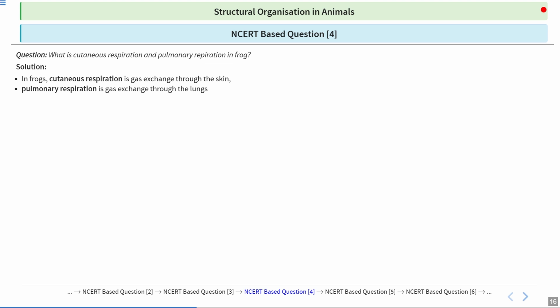But the tadpole, if you think about the tadpole in the case of frog, they have gills and skin for the gaseous exchange, right? So whenever you hear the term pulmonary, it is always related to the lungs. Cutaneous is related to the skin.